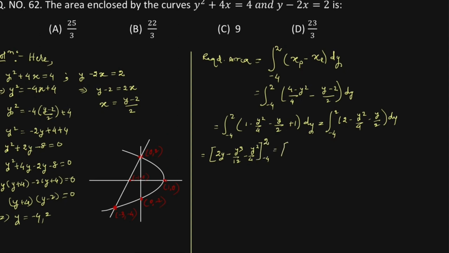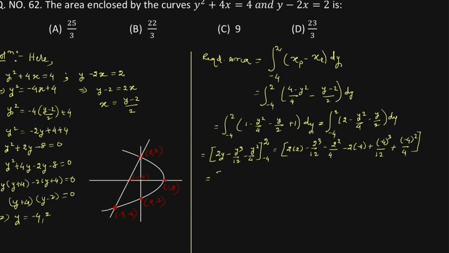We put the limit, then we will get 2 into 2 minus 2 cube by 12 minus 2 square by 4 minus, 2 into minus 4 plus minus 4 whole cube divided by 12 plus minus 4 whole square divided by 4.